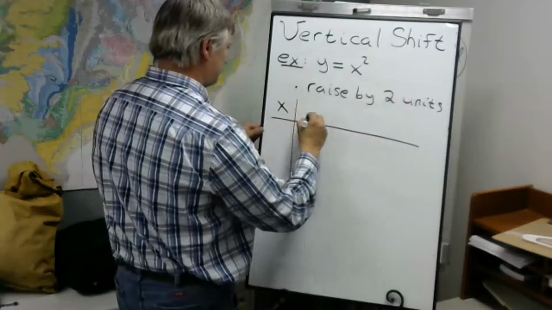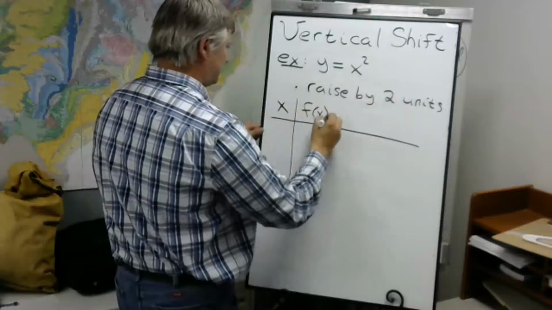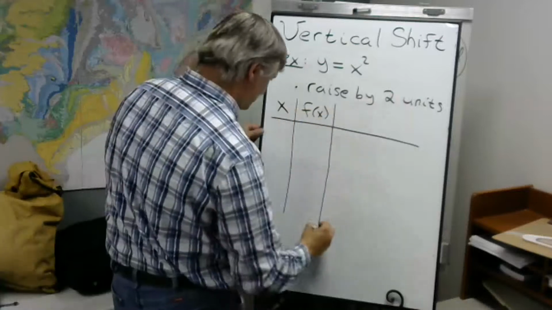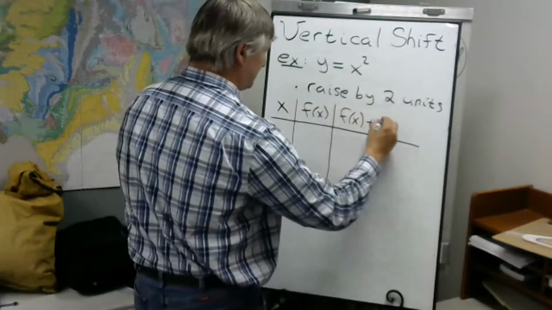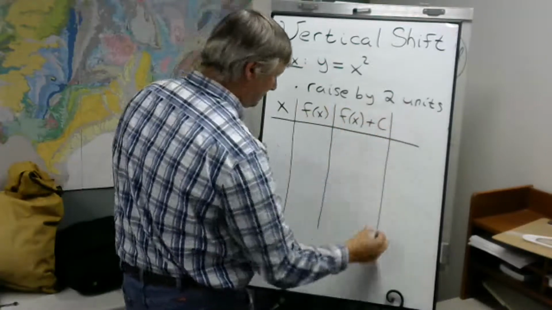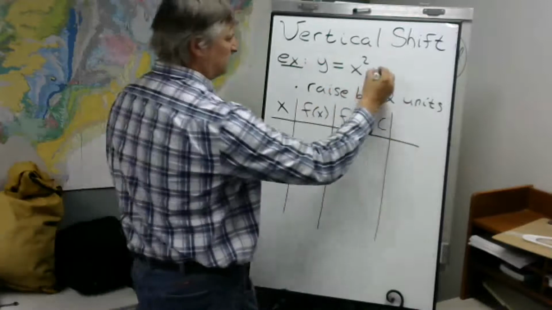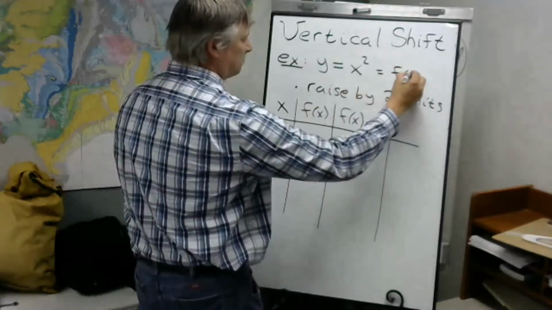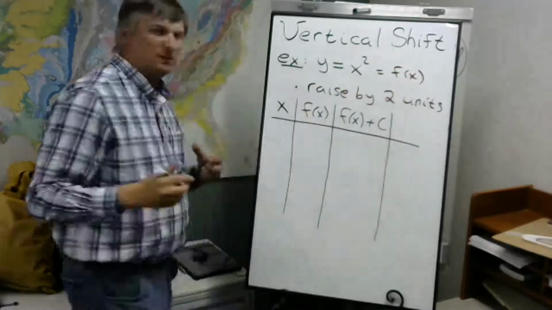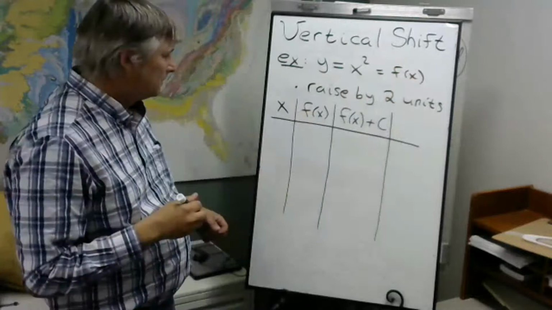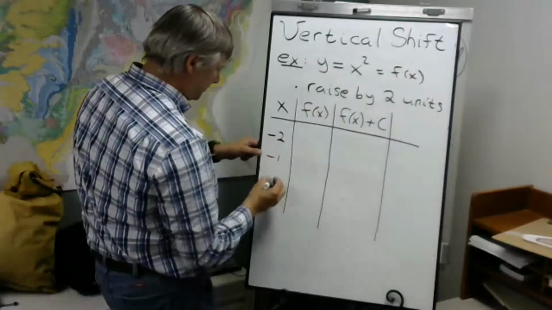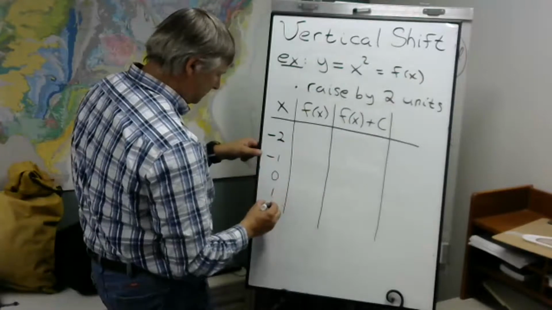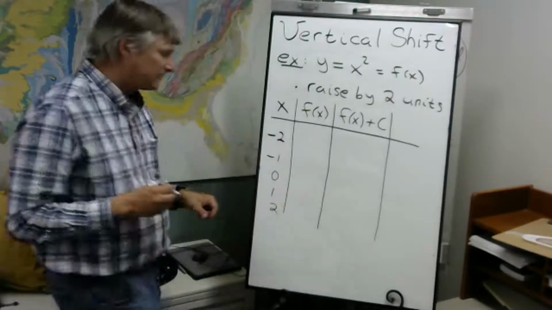Here's x, f of x, f of x plus c. So this will be our f of x. Y coordinate, f of x, they refer to the same thing. So let's say we have -2, -1, 0, 1, and 2.